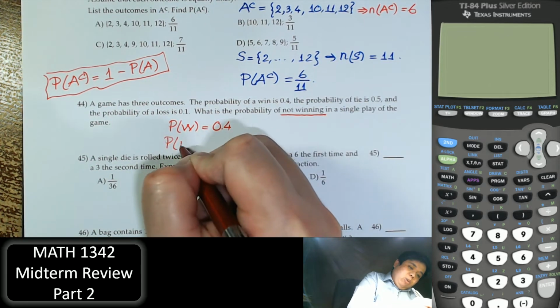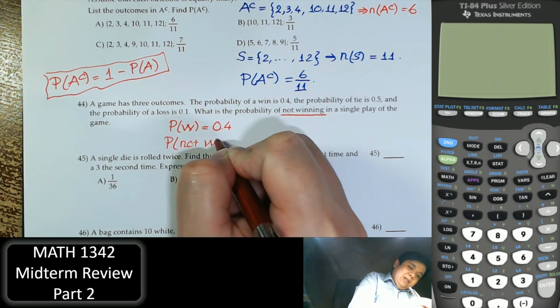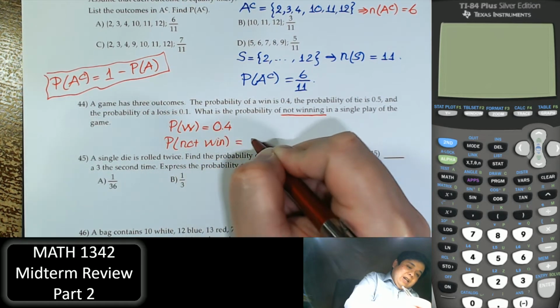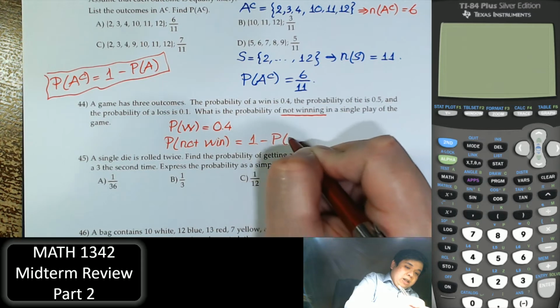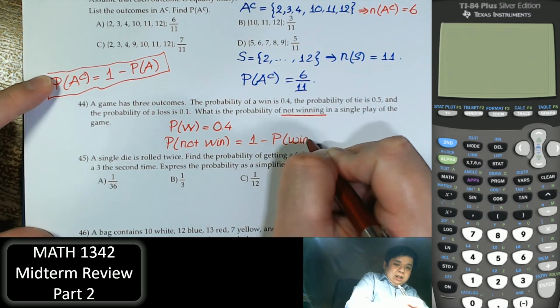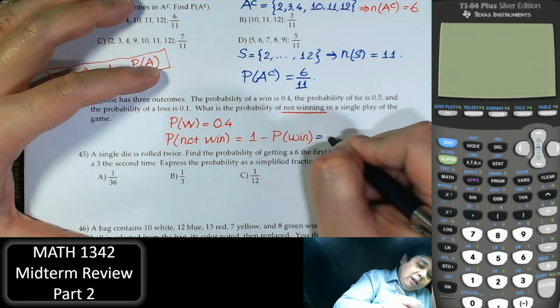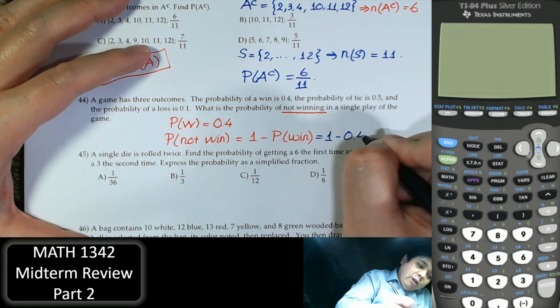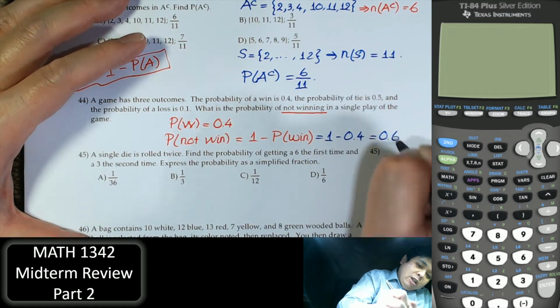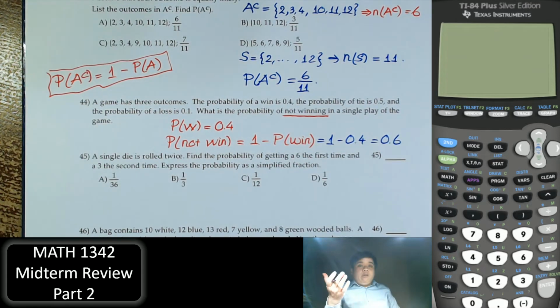The probability of not winning is 1 minus the probability of win. So just the complement rule. In this case we have 1 minus 0.4 equals 0.6. So winning is 0.4 or 40%, and not winning is the complement to that, 60% or 0.6.